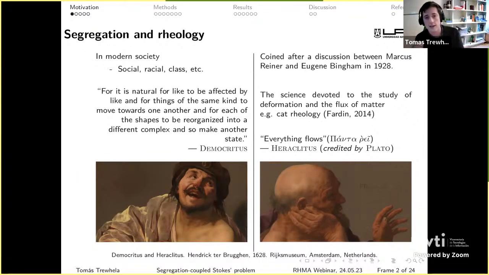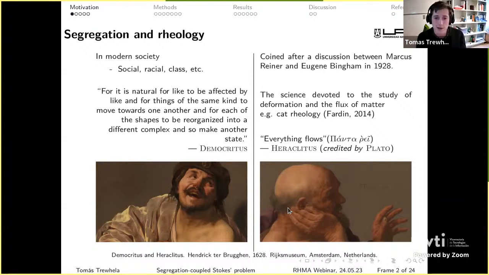And on the other hand, we'll talk about rheology, and it's a science, as Professor Tamburino knows, that came after a discussion between two scientists from different fields, Marcus Reiner and Eugene Bingham in 1928, and they discussed scientific aspects of the flow of things. And they came up with the idea to coin the term rheology, based on the Panta rhei from Heraclitus.